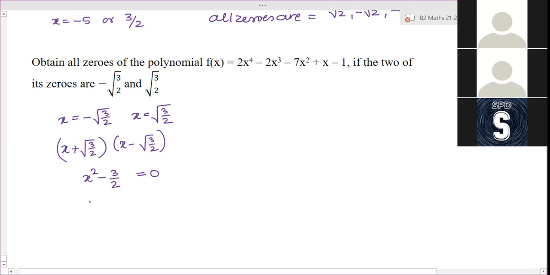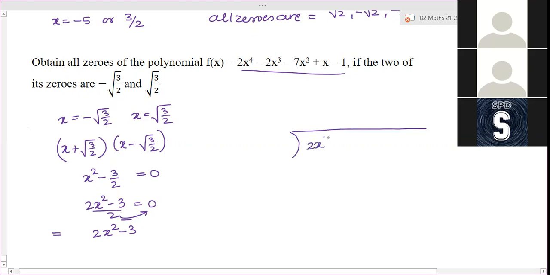Now take LCM to make it easier. 2x square minus 3 by 2 equal to 0. So the polynomial is 2x square minus 3. This 2 will be transferred to the LHS and becomes 0. With 2x square minus 3 you have to divide the given polynomial, 2x to the power 4 minus 2x cubed minus 7x square plus x minus 1. Divide this and try.